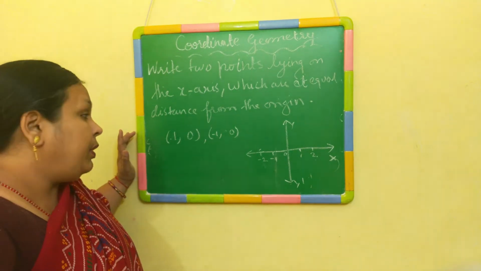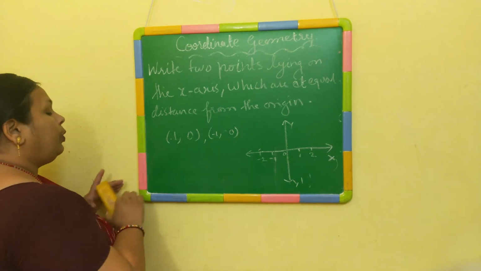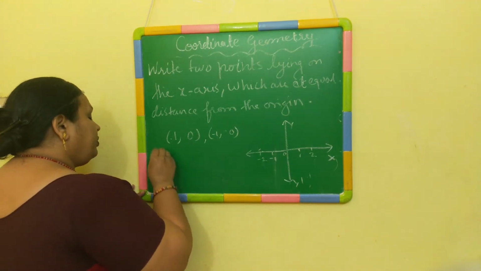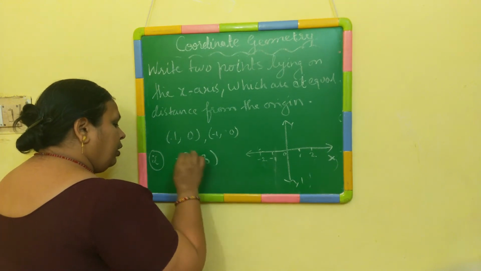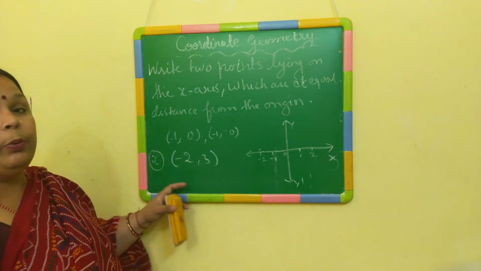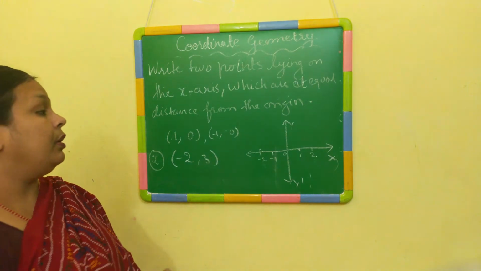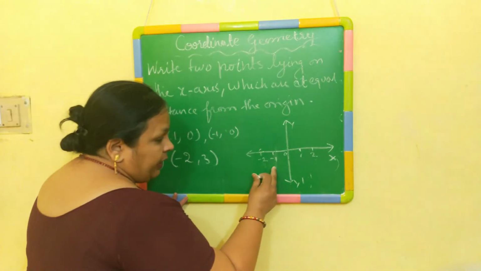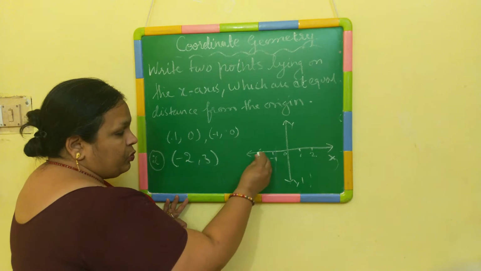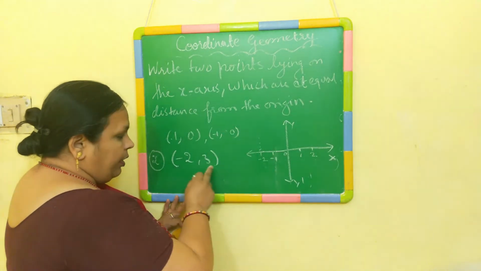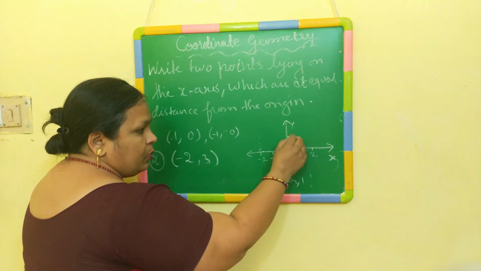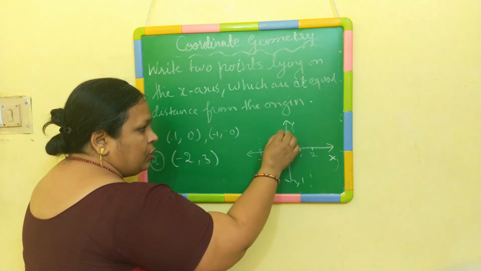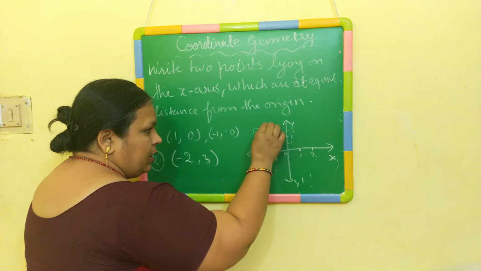Now with the second example, if you want to plot minus 2 and 3, in which quadrant will this point belong? Minus 2 and 3. See, x is negative, so it must be on this side. y has to be positive. Now the positive value of y is here. So this is 1, this is 2 and this is 3. So the point belongs in the second quadrant.